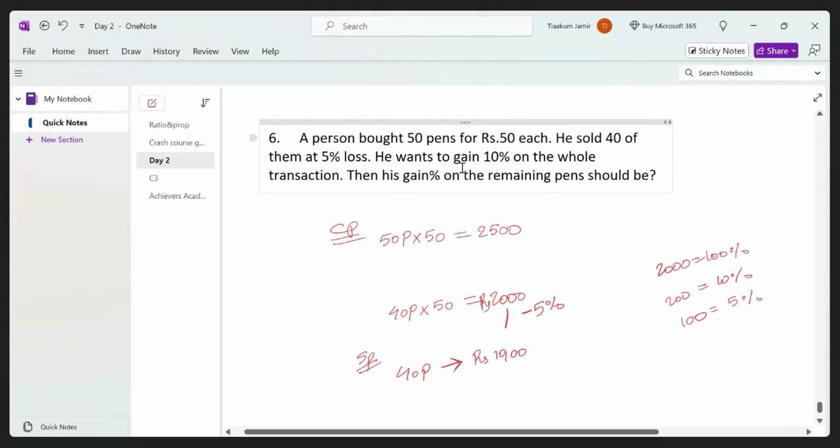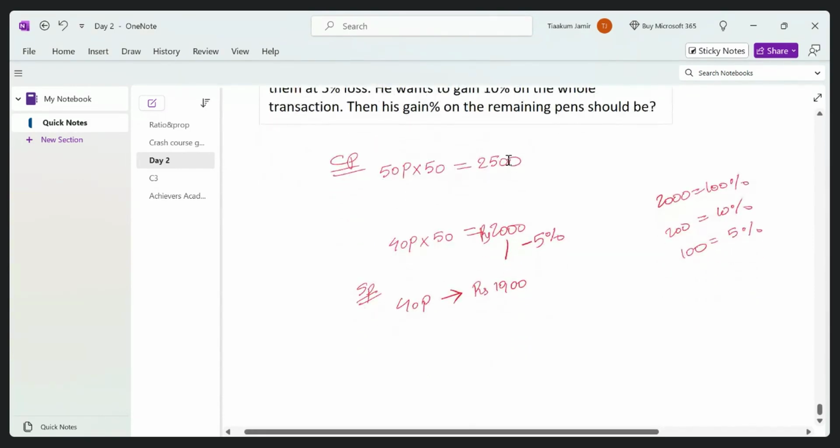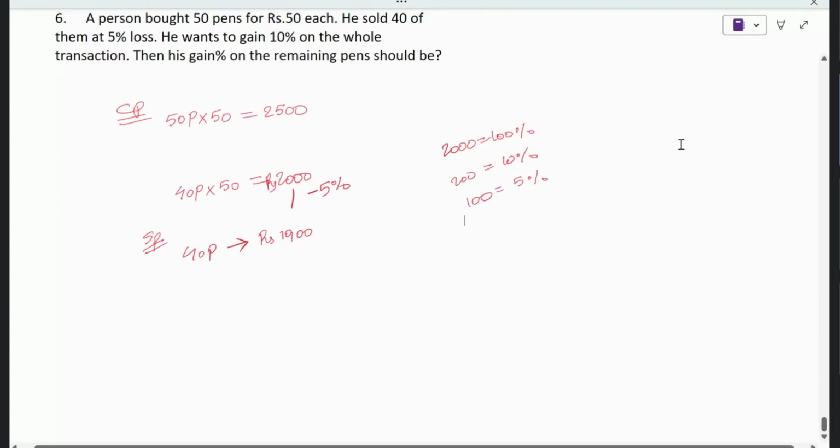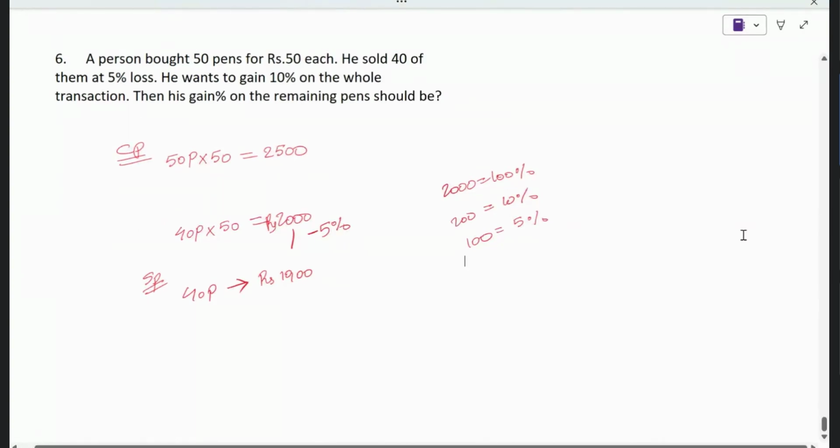Now he wants to gain 10% on the whole transaction, okay. He needs 10% as a profit. Of 2500, 10% is what? 250, or no?